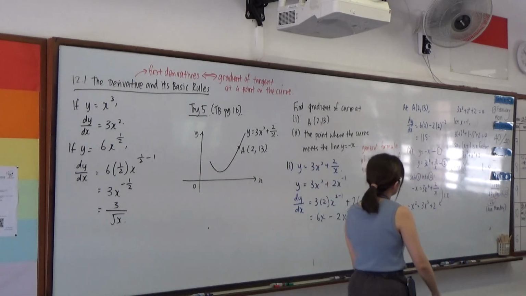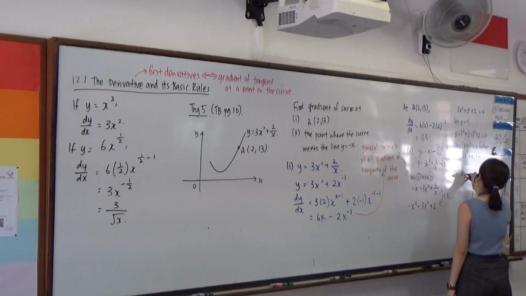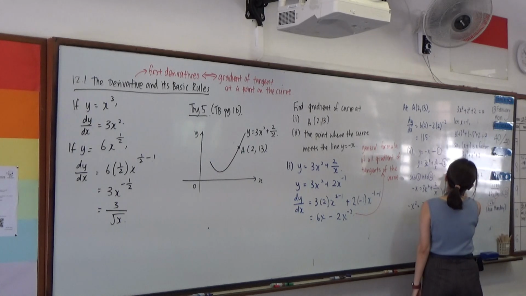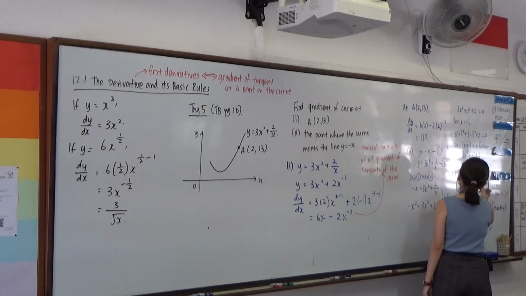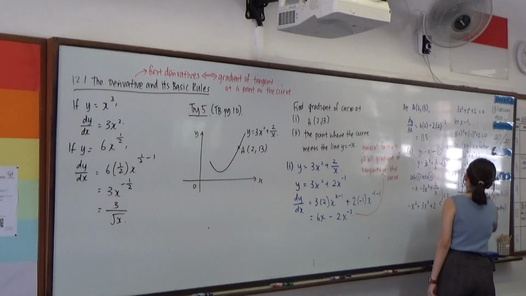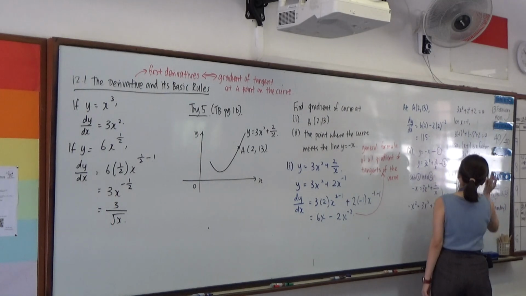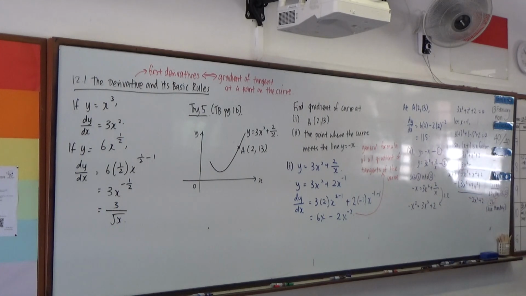Okay. So do your long division of your x plus 1. Minus 3, negative 4. Something wrong. 3x squared, minus away x.